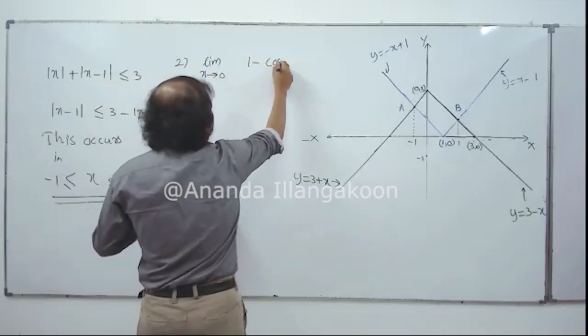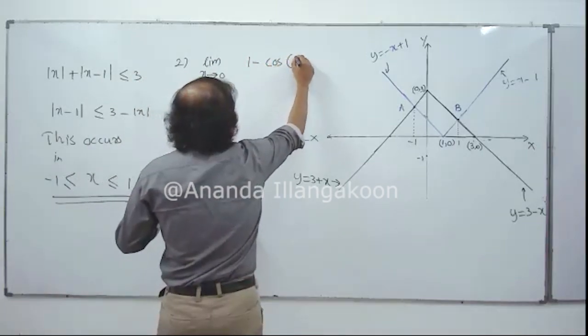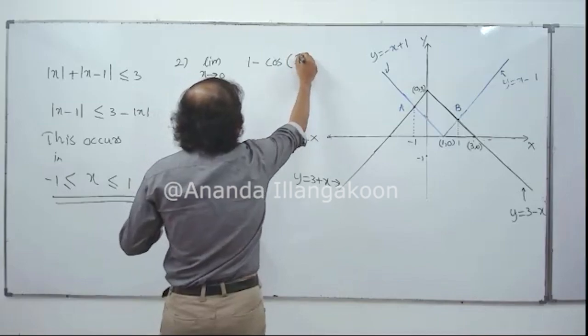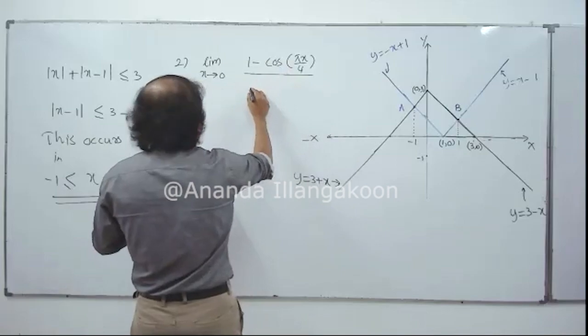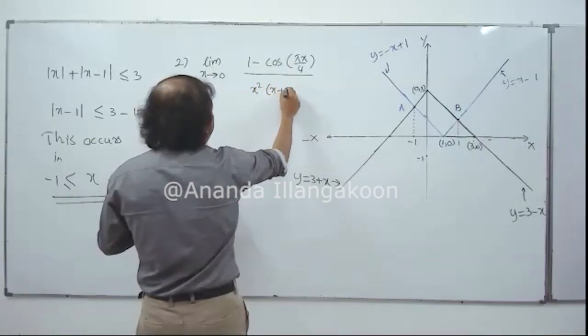of 1 minus cos 5x by 4, divided by x squared times x plus 1.